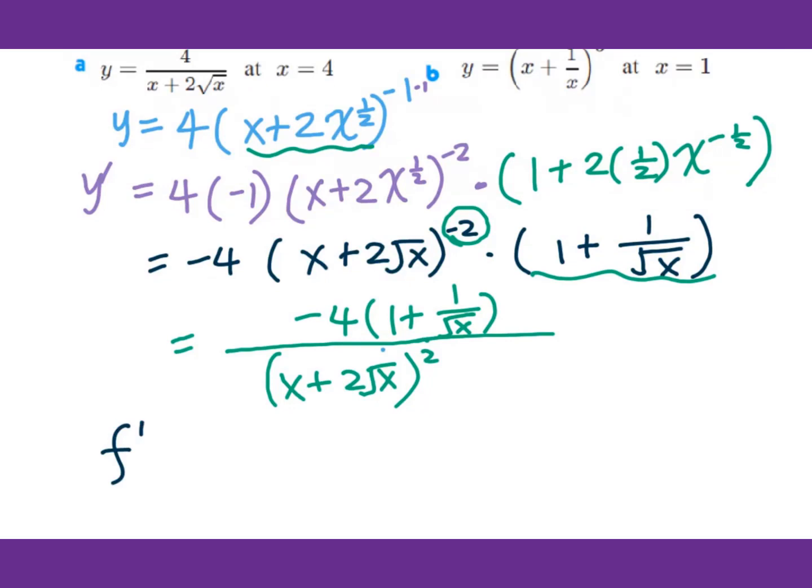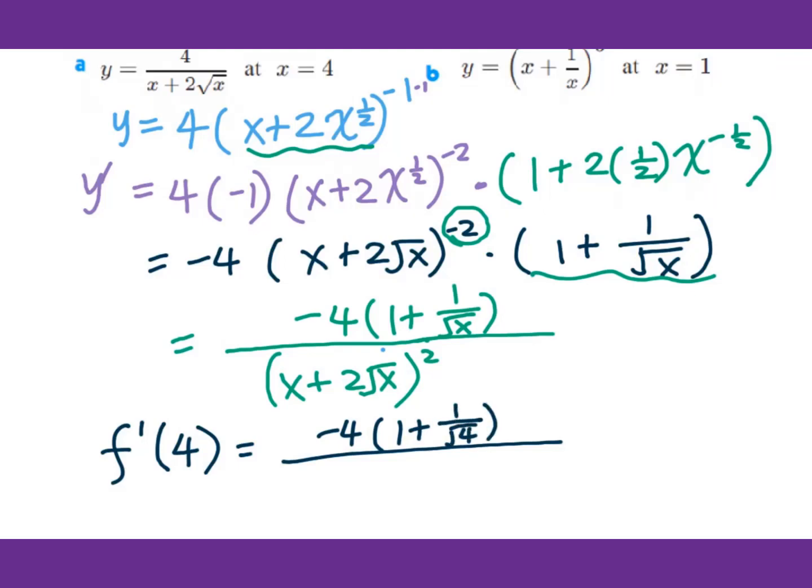Therefore, the derivative of f at 4 equals negative 4 times (1 plus 1 over square root of 4) over (4 plus 2 square root of 4) squared.